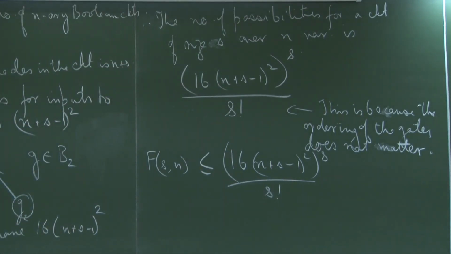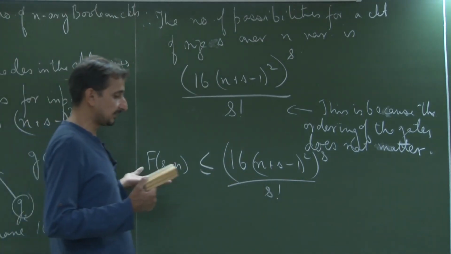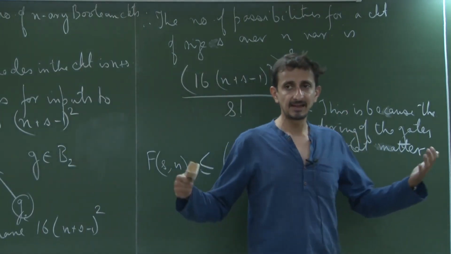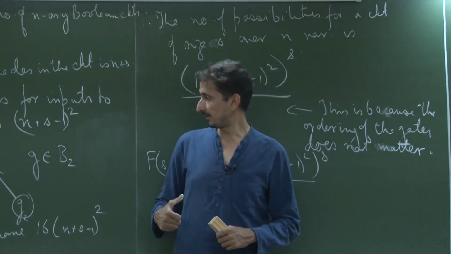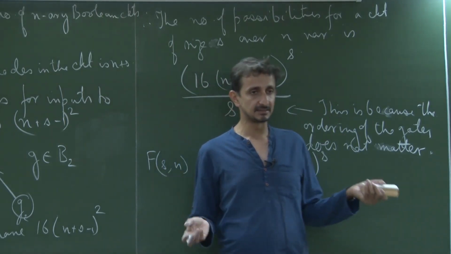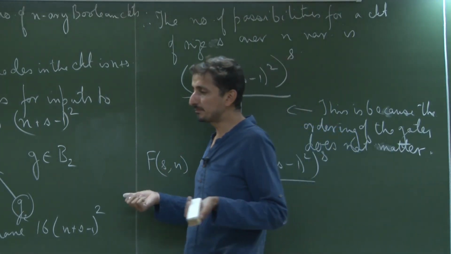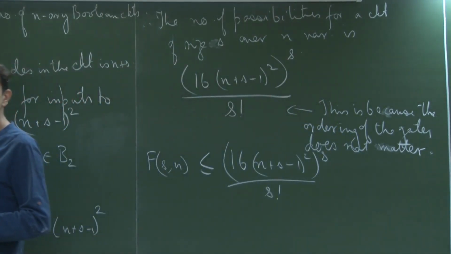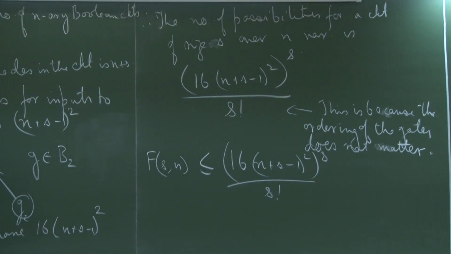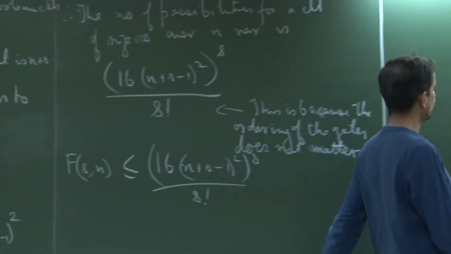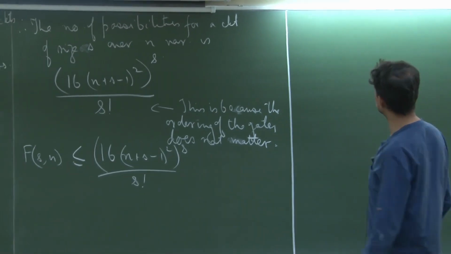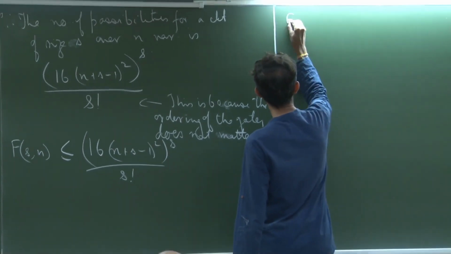Basically the way I am counting circuits is I am looking at them as a DAG and trying to count all DAGs which have a certain structure. It can very well be possible that some of those DAGs do not even represent a circuit. I do not care about it because I just need an upper bound in this case. Now, let us try to simplify this quantity.